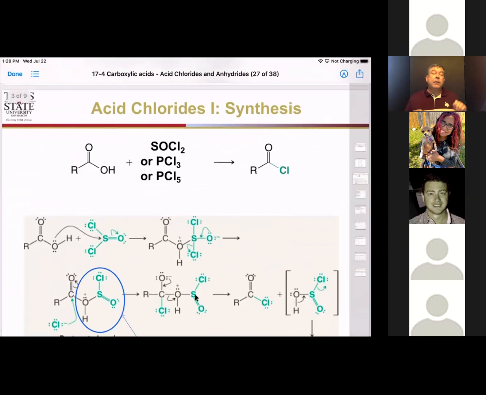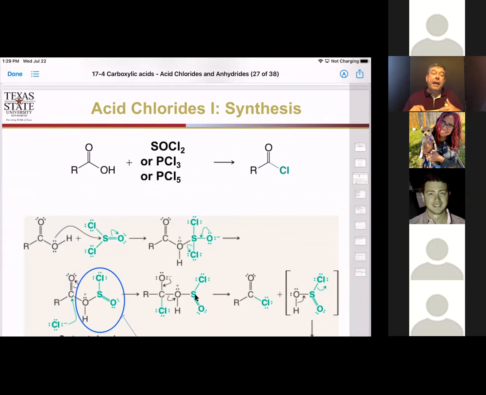We talked about this before when we were making them in previous chapters, but there are two typical reagents we use for this. The first one is thionyl chloride, or SOCl2, and it works because it makes the OH a better leaving group by converting it to something else.